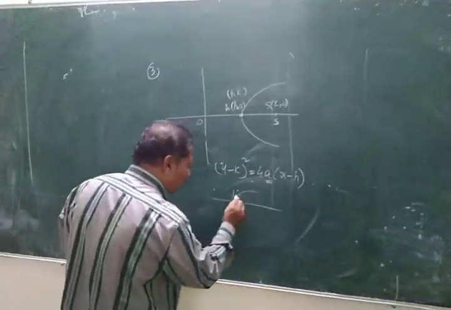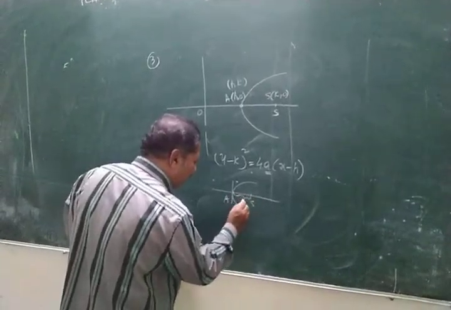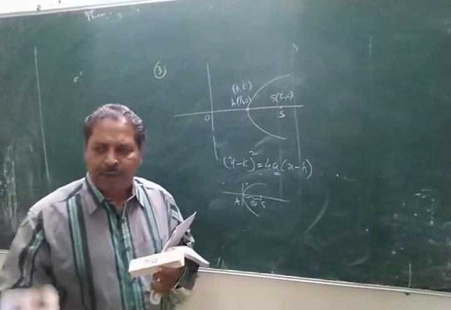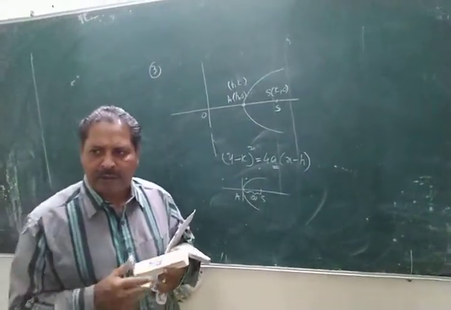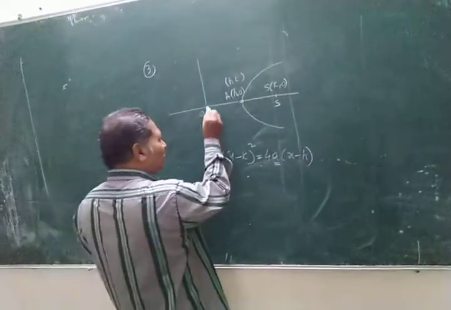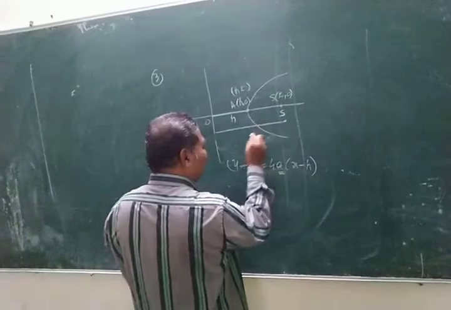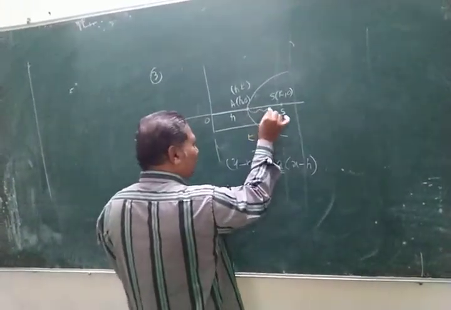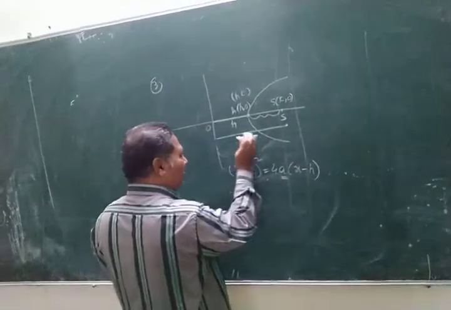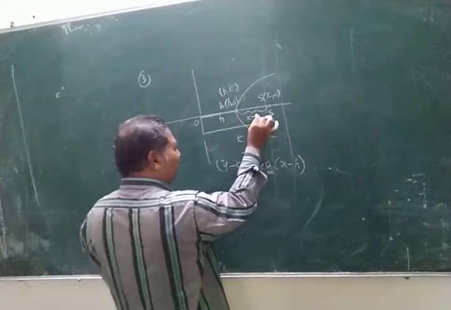In the theory part, this is A, this is S. The distance between the vertex A and the focus S is small a. Given this length is h and the total length is k, so the length between A and S is the total length k minus this length h.